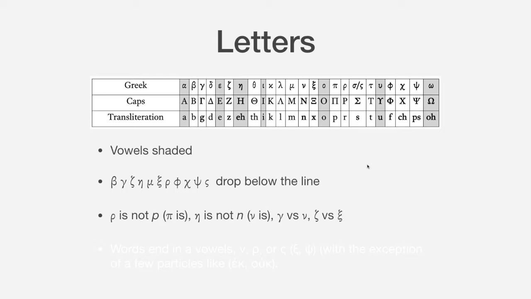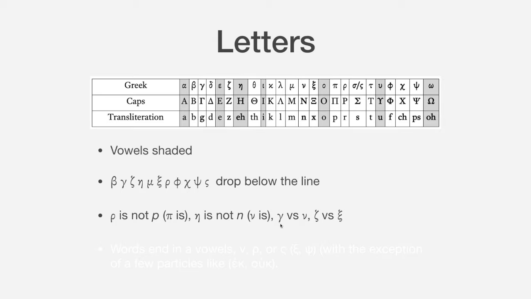Next, eta is not the same as the English letter N. Nu sounds like N, but not eta. This is really easy to confuse because the eta looks almost identical to the English letter N. But the way you tell it apart is this tail that drops down below the line. And speaking of nu, it can actually be easily confused with gamma.